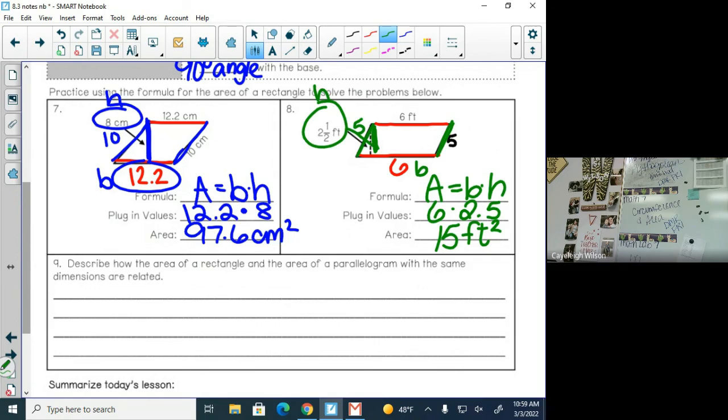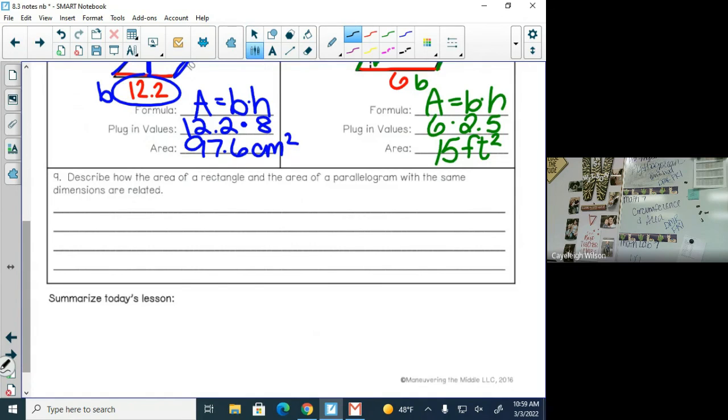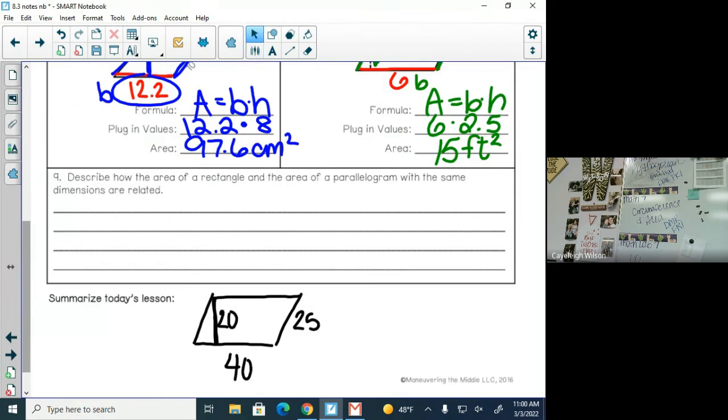All right, I'm going to let you all try one all on your own. Okay, I'm going to just put it down here. So I want you all to find the area of that one at the bottom.